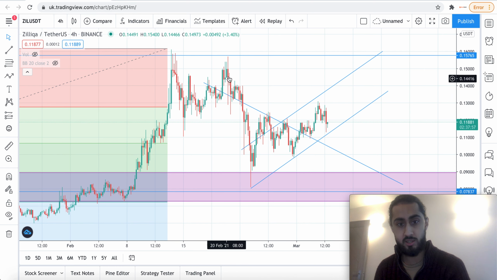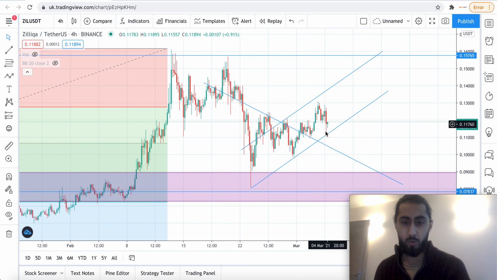But resistance became support, and then came back down. The support was broken, sorry, and then it went back up, and then resistance, and then it broke past it this time. And once it broke past it, you can see that it went back up. Okay, so that's that first trend line that I'm showing there.